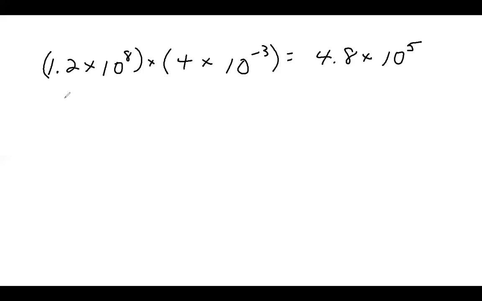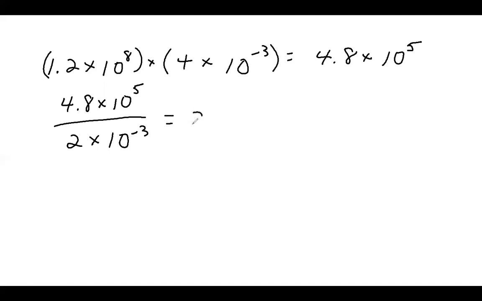Now let's say we had, I'll just use that same number, 4.8 times 10 to the 5th divided by 2 times 10 to the negative 3rd. This is a completely separate problem from up there, so I just use some of the same numbers. 4.8 divided by 2 is 2.4 times 10.